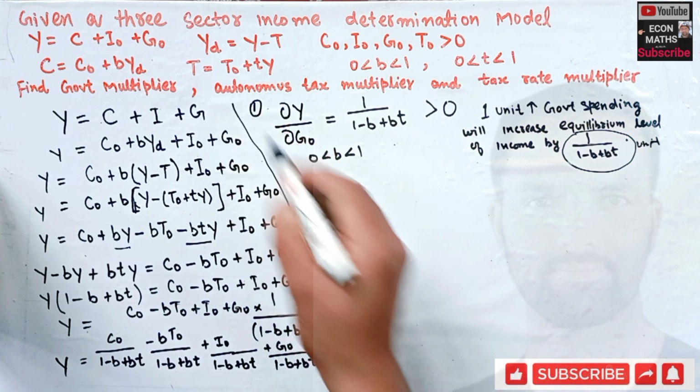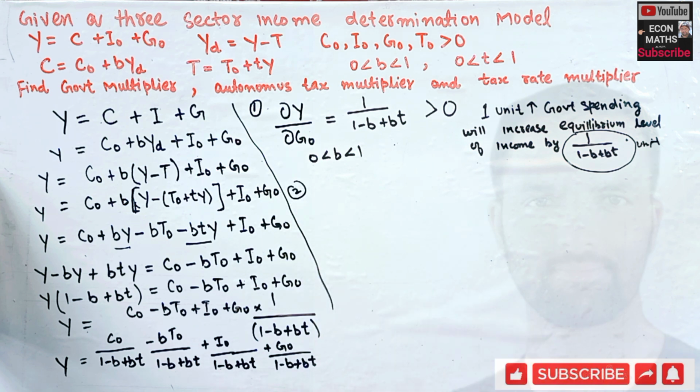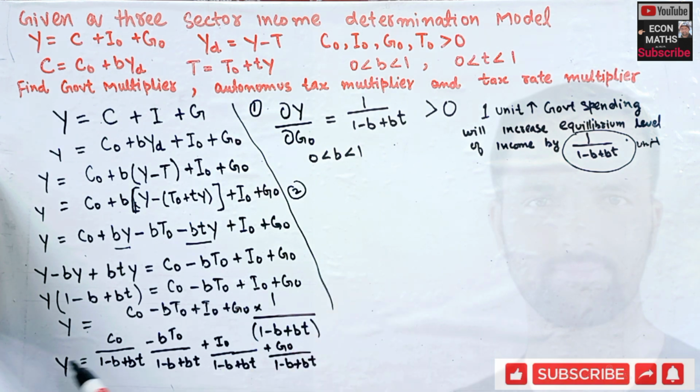Let us come to the next one, the autonomous tax multiplier. It means we have to take the derivative of this equilibrium level of income equation which we formed with respect to autonomous tax.